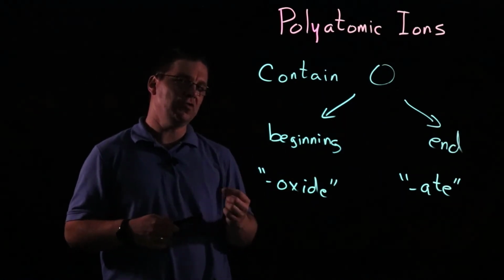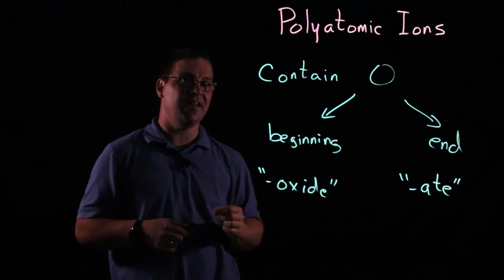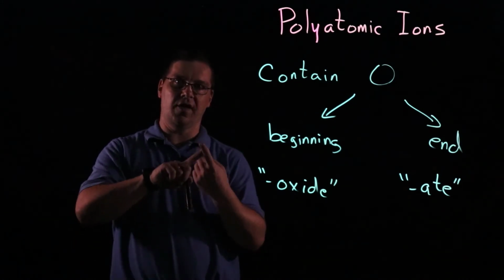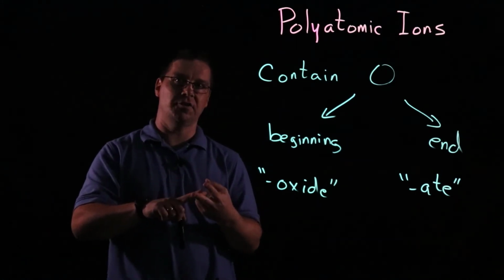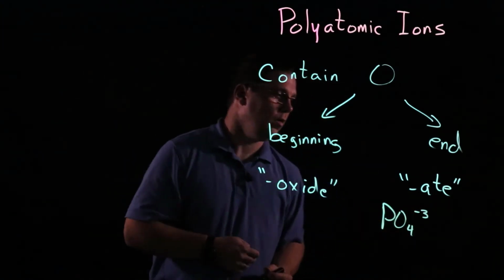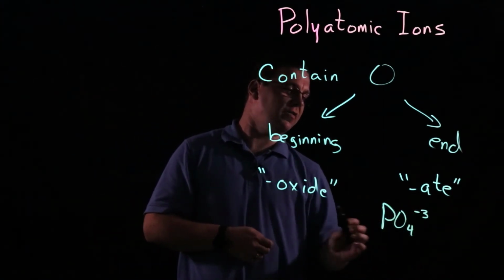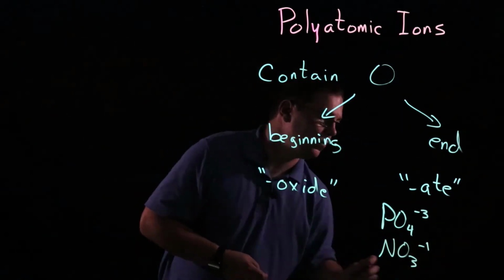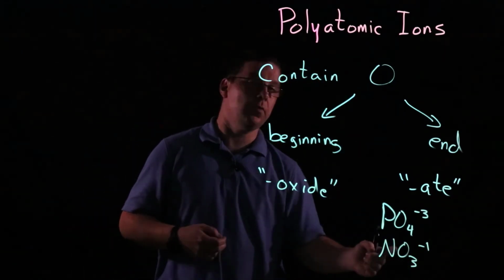And so in this first group where we're only dealing with ATEs, your choices for the number of oxygens, there's two choices. It's either going to have 3 oxygens or 4 oxygens. Okay, so for instance, if we have phosphate, you see phosphate has 4 oxygens, whereas if we had something like nitrate, nitrate has only 3 oxygens.